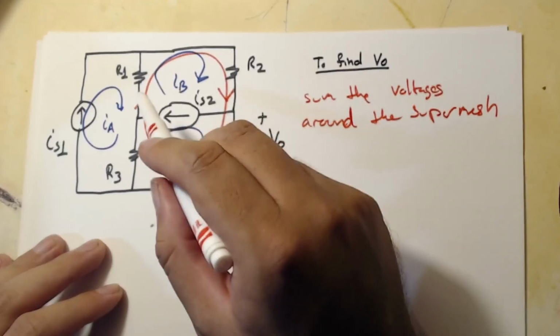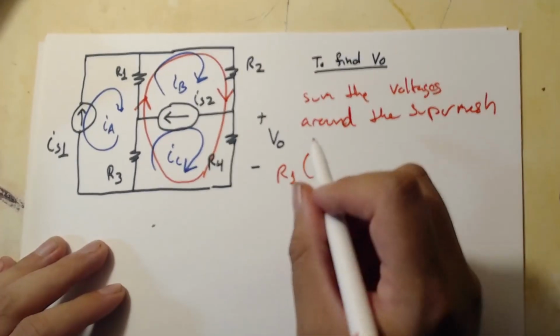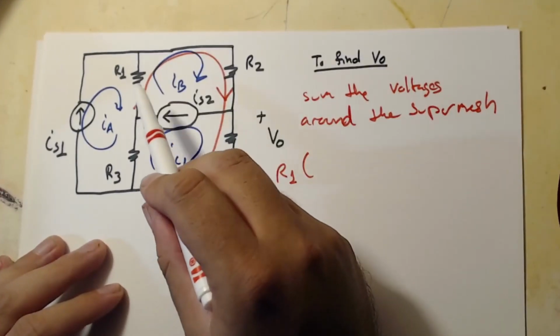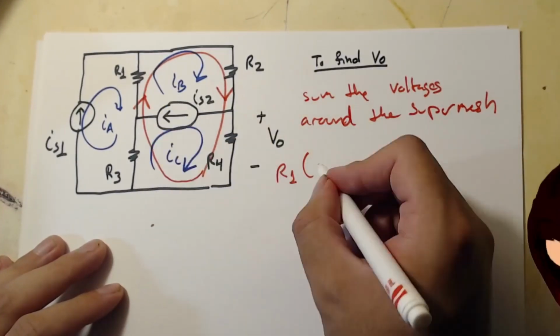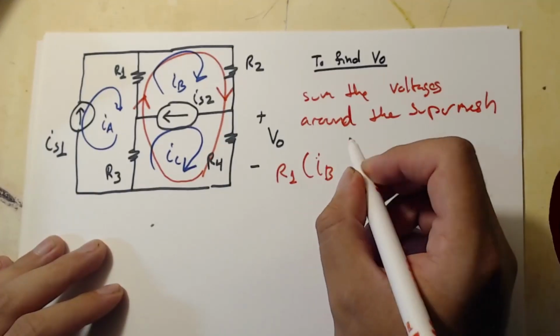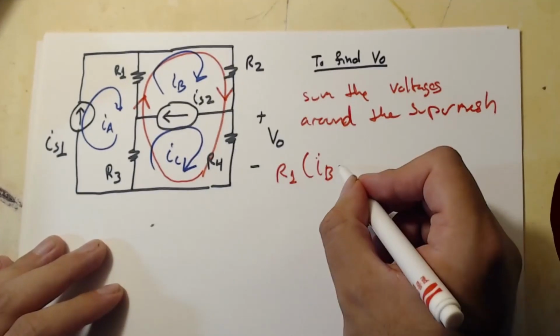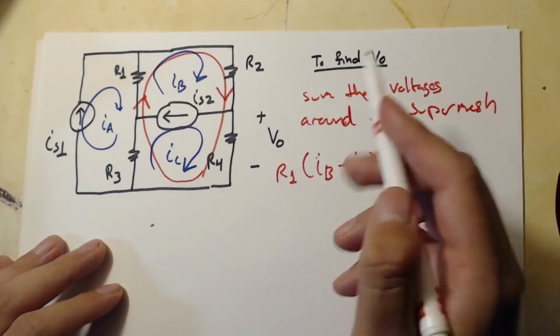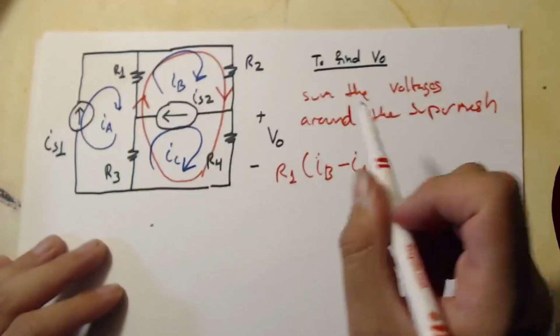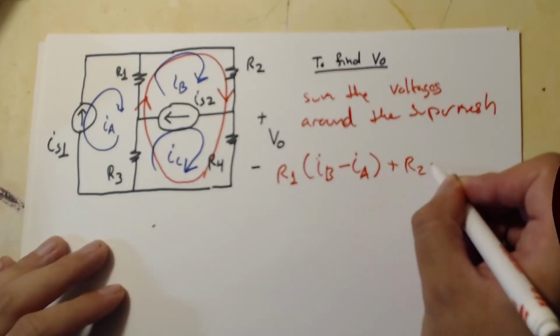R1's current agrees with B and disagrees with A, so we write IB minus IA. Now for R2, it's just R2 times IB.